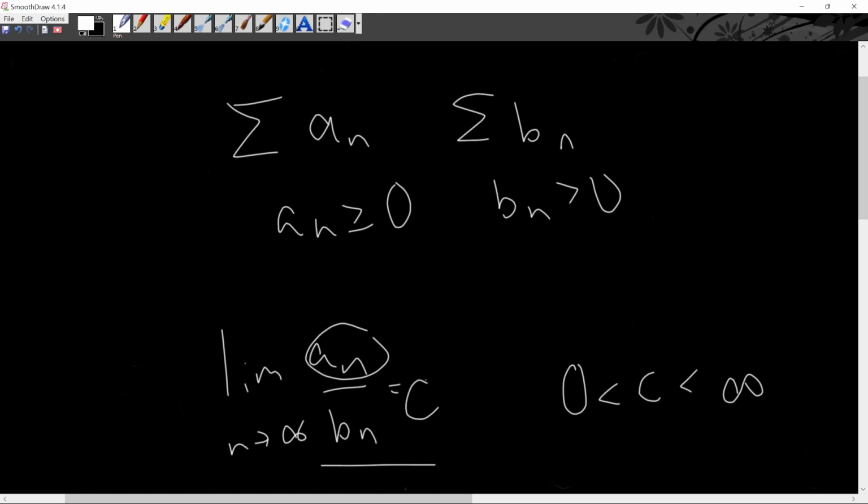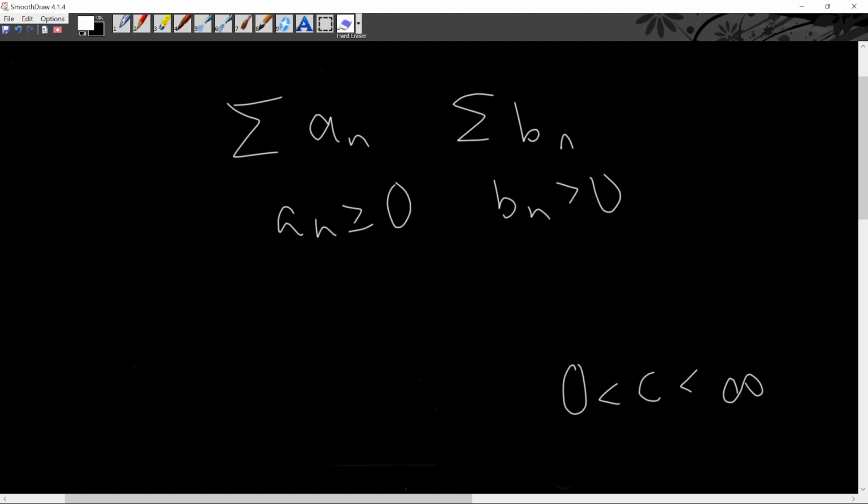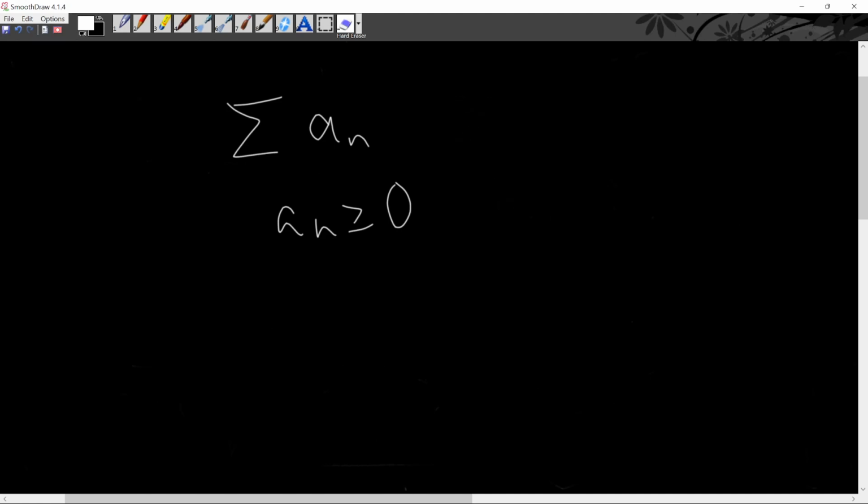And I'm actually going to encourage looking at this proof, because for the other ones like the ratio test and the direct comparison test especially, the proofs aren't super important, but this is not a very abstract idea. I think it makes sense.